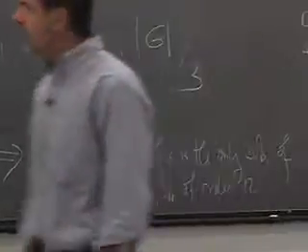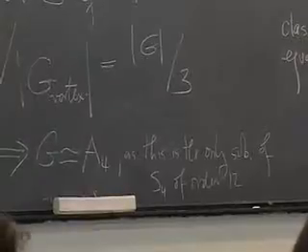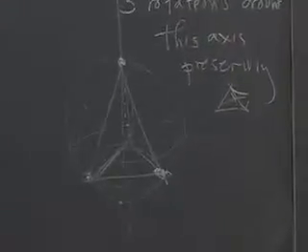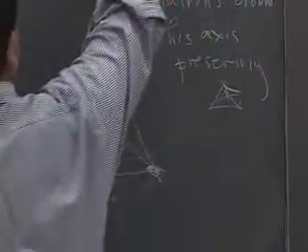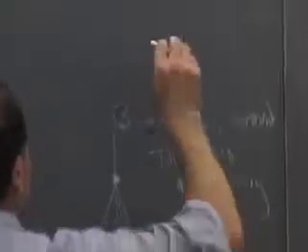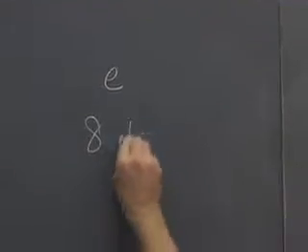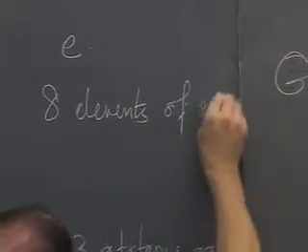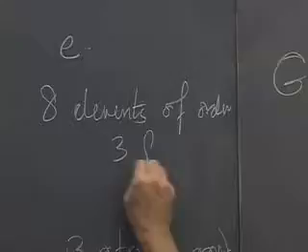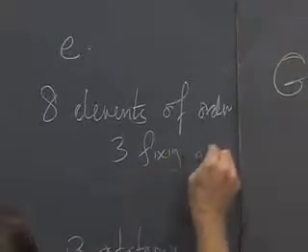If you think about how it permutes the vertices, and you think of what possible things we're getting in this group, I claim we already see in this group the identity element, and we can see 8 elements of order 3 fixing a single vertex.